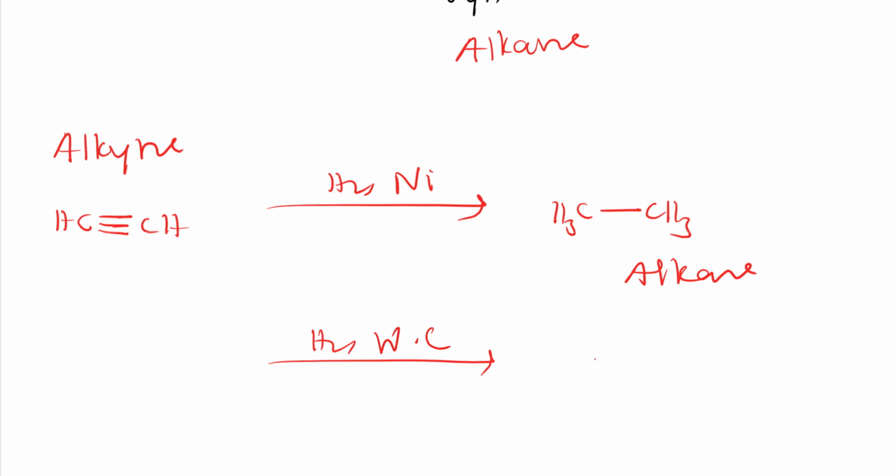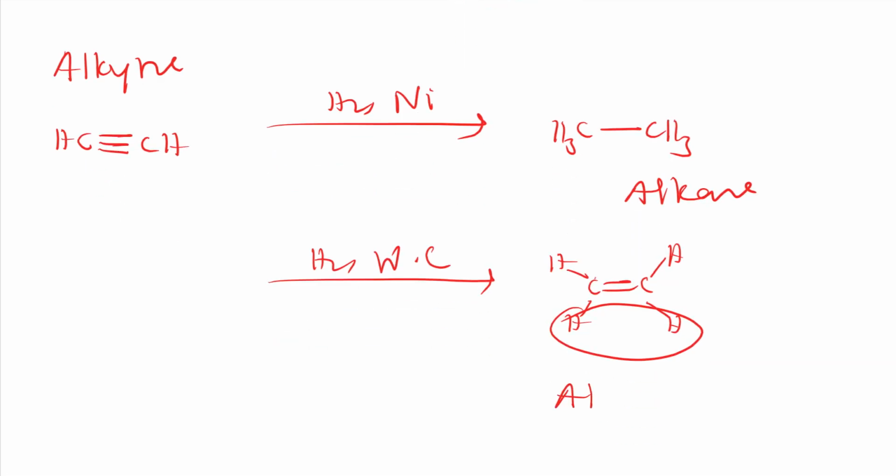See here, both hydrogens will attack on the same side, the other hydrogens will be as they are. So I will get syn addition and I will get alkene. Further, if I add a little excess of Wilkinson catalyst, then I can convert it into alkane, right? No doubt, I hope you got it.